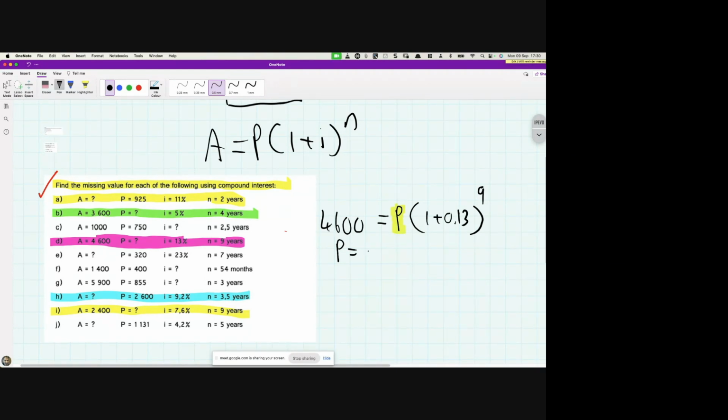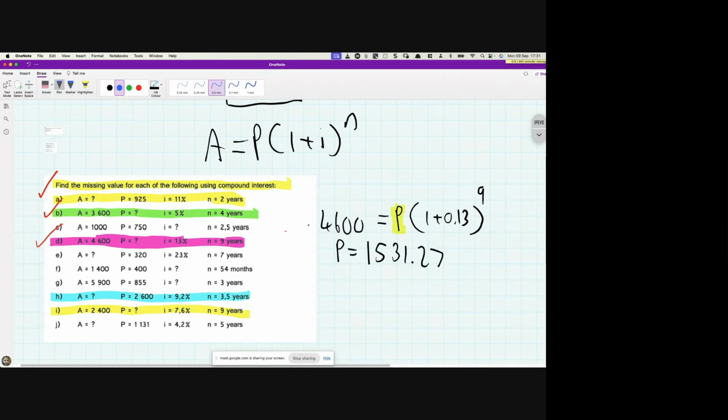And I get 1531.27. So I get that I start out life with 1531.27, and I get up to 4,600 if I grow at 13% for 9 years. So we've done those ones. Now we just need to do H and I.